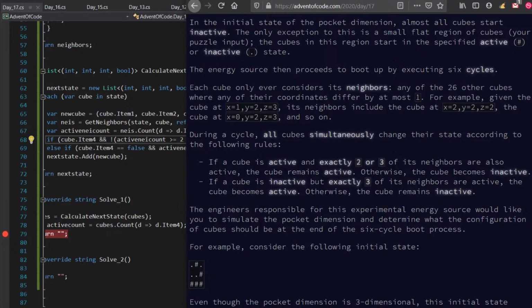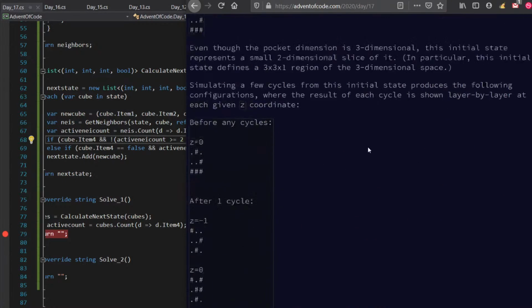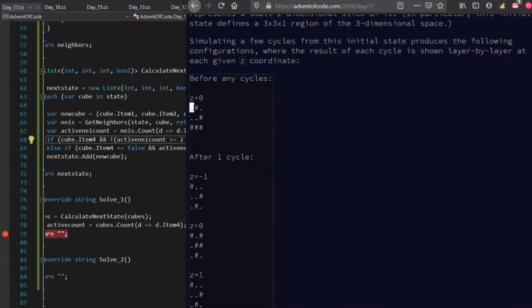Yeah, I'm completely confused. I've no clue what's going on here. If a cube considers its neighbors and there's 26 around it, this is position 0, 0, 0.